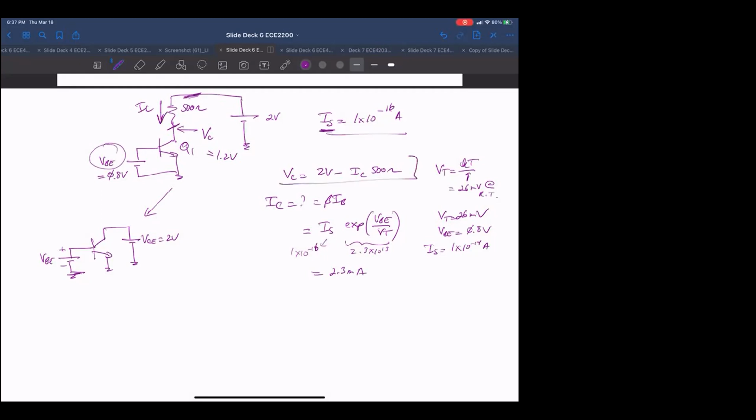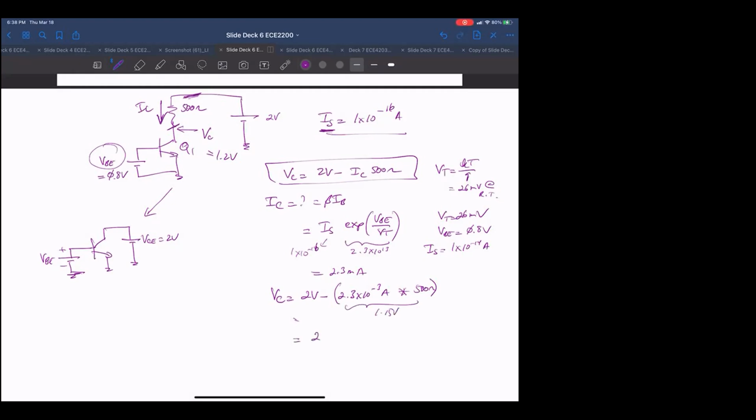And this is the equation for V sub C. V sub C is 2 volts minus 2.3 milliamps times 500 ohms. So this is 1.15 volts.